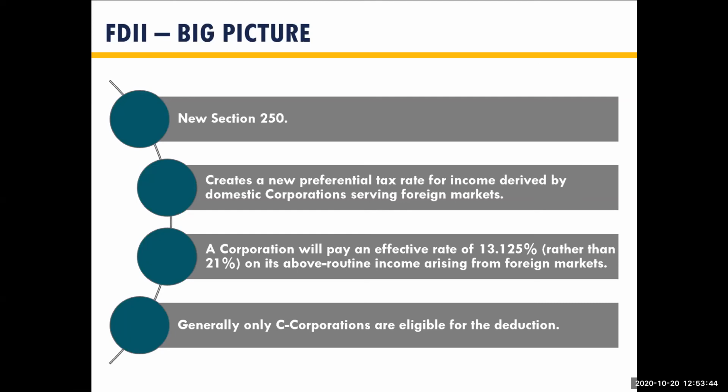And the reduced tax rate is achieved by taking a deduction on your corporate tax return. Kind of similar to the old domestic production activities deduction that you could take prior to the TCJA. So now we get a deduction for export sales under FDII to reduce our effective tax rate.